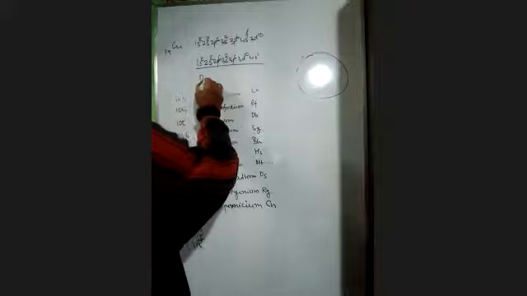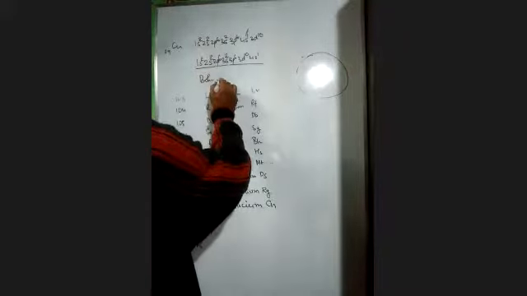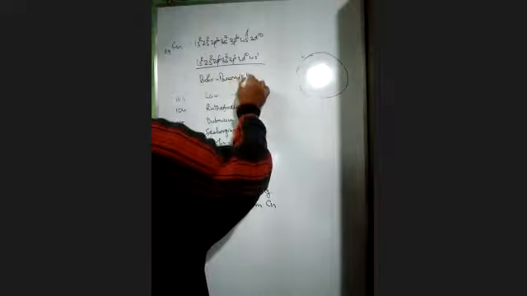See here. Whatever electronic configuration I have written, I did not write on my own. I have only followed the energy principle of filling up of the electrons. And that energy principle depends upon a very famous law, called the Bohr-Bury law.